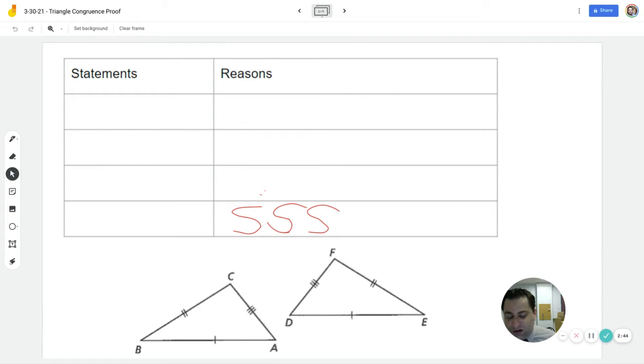So what we have here is, if I start with 1 to 1, right, I can do BA is to ED. So line segment BA is congruent to line segment ED. And this is by given. Usually.